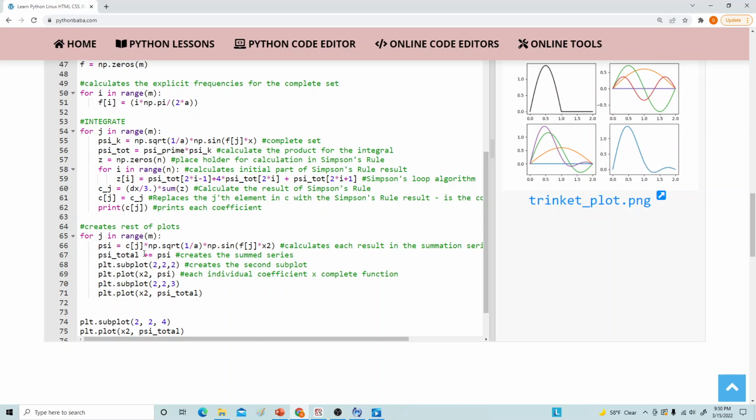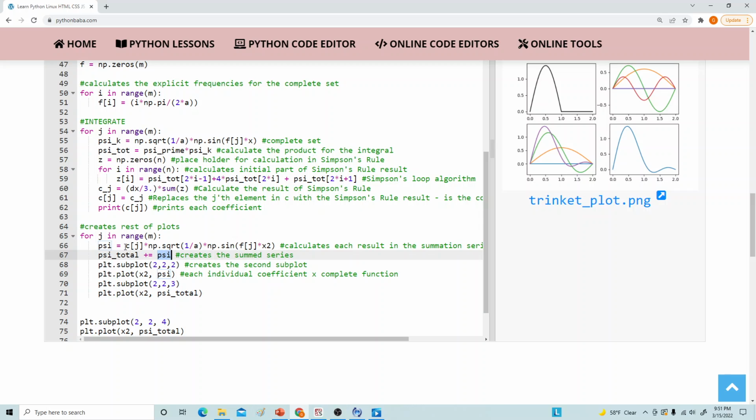The psi total, this plus equals sign for psi, says, okay, whatever psi was set to, I want to then add the next psi to that. So it basically takes whatever the old value of this variable was and adds the new variable to it.